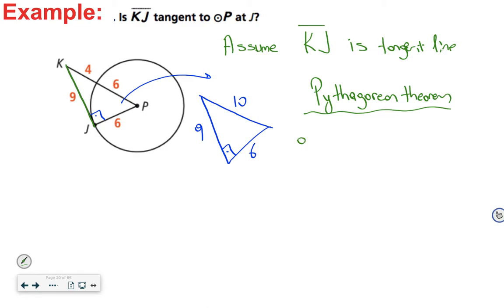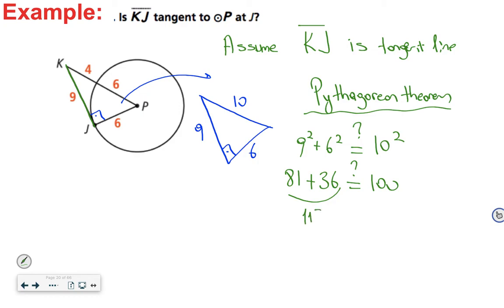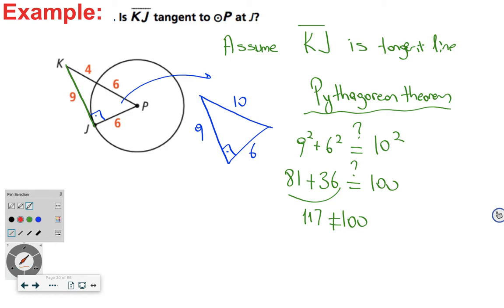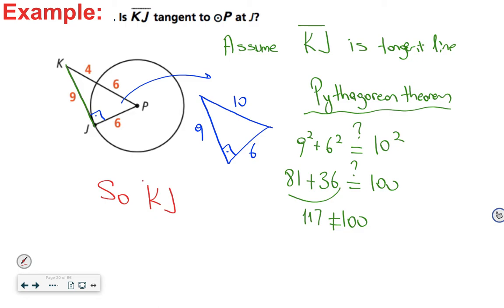Let's do it. 9 squared plus 6 squared is equal to or not, we will check, 10 squared. 9 squared is 81 plus 6 squared is 36, is equal to or not 100. If you add them up, you will get 117, which is not equal to 100. So your assumption is not true. This is the reason the segment KJ is not a tangent line.